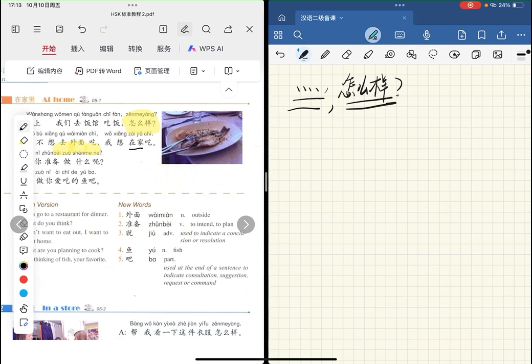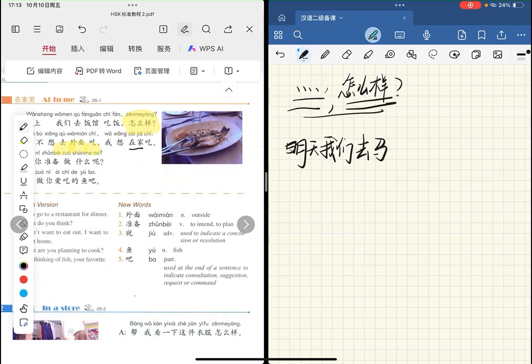Okay, so for this structure, can you translate this sentence? Let's go to Lake Malawi tomorrow, what do you think? Just follow this structure. The statement is let's go to Lake Malawi tomorrow. We can put the time word at the beginning of the sentence. 明天我们去, let's go to the Lake Malawi.